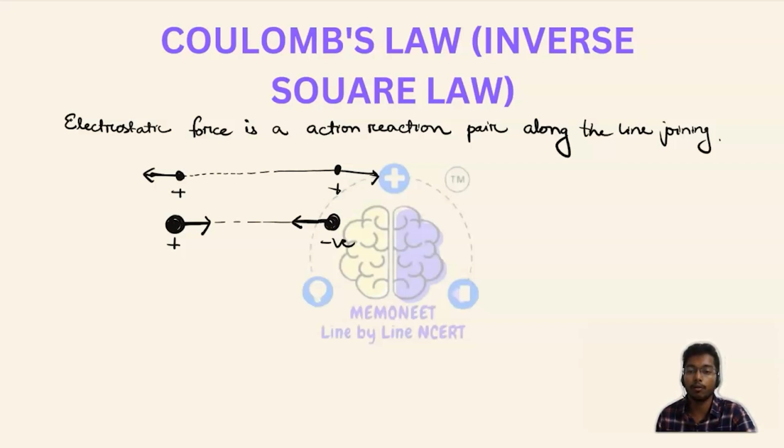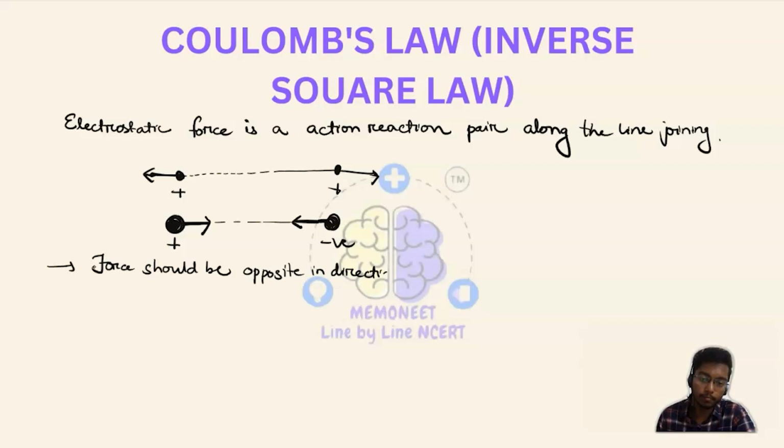So what is an action-reaction pair? The action-reaction pair properties are that the forces should be opposite in direction, equal and opposite forces will be applied, and they will always act on two different bodies.